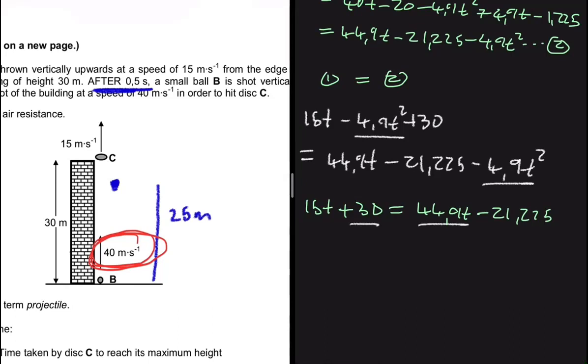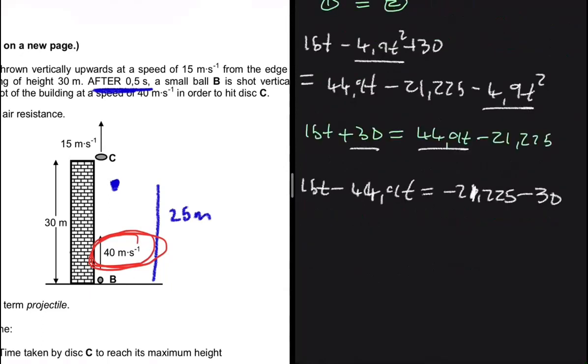So we're going to have 15t minus 44.9t being equal to minus 21.225 minus 30, right? If you go and do the math, you're going to get t being equal to 1.71 seconds. So the two objects strike each other after 1.71 seconds.